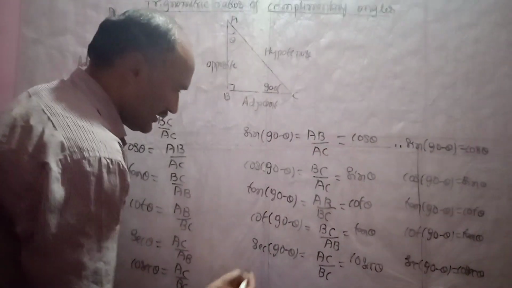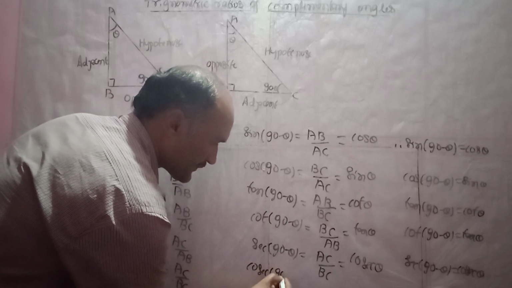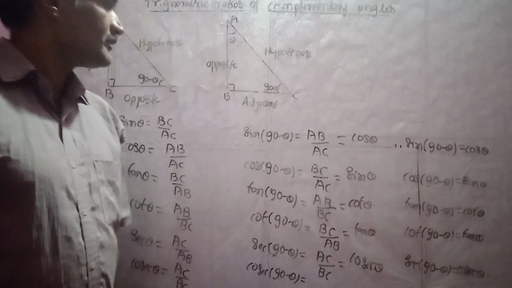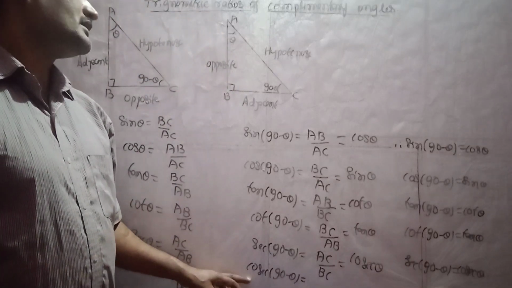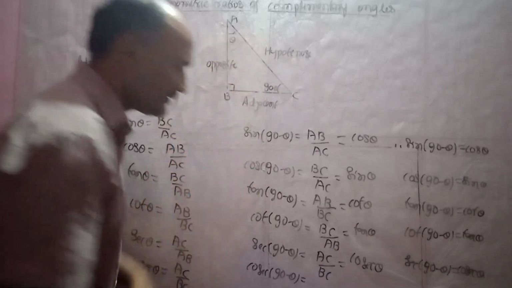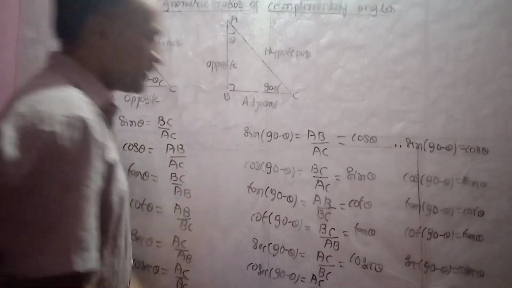Similarly, cosecant 90 minus theta, we will see what happens. Cosec is hypotenuse by opposite. Hypotenuse is AC, divided by opposite AB.